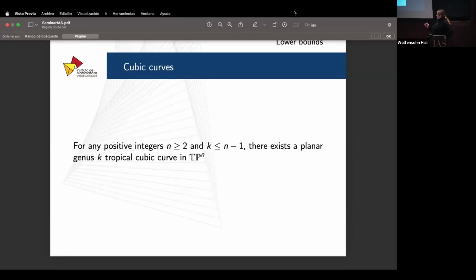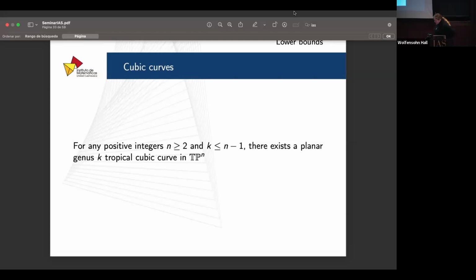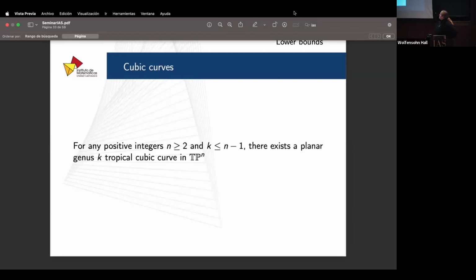In particular, as we have seen, for any integer n greater than 2 and k at least n-1, there exists a planar genus k tropical cubic in TP^n.